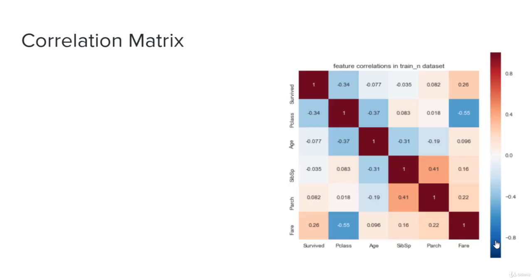On the y-axis, or you can say on the rows of this matrix, we have the features in a data set, and we have the same variables on the x-axis. So this correlation matrix studies the correlation between different features. It visualizes it with numbers: on the rows we have a certain set of features, and in the columns are the same set of features.